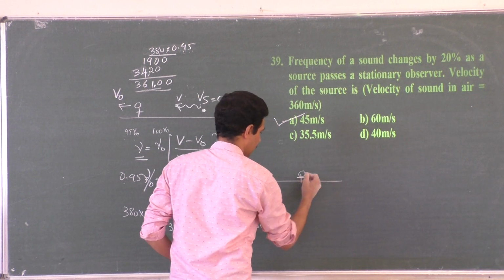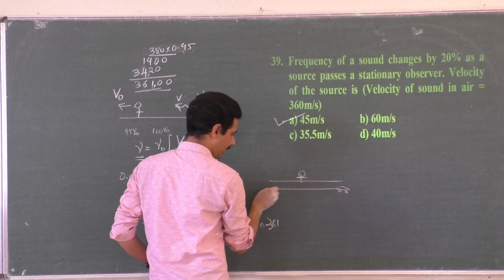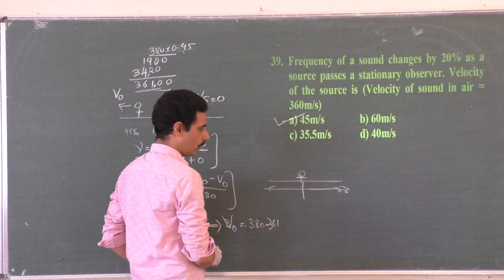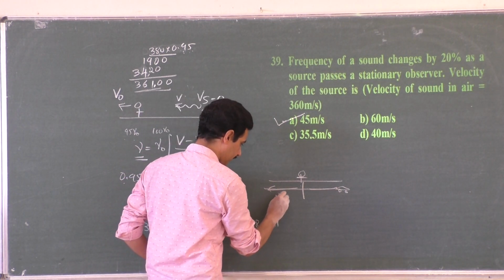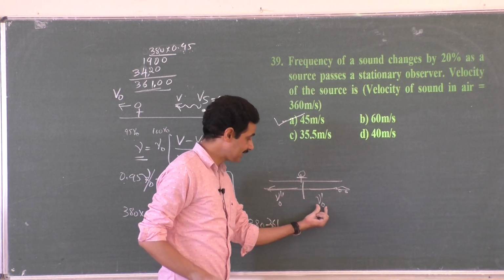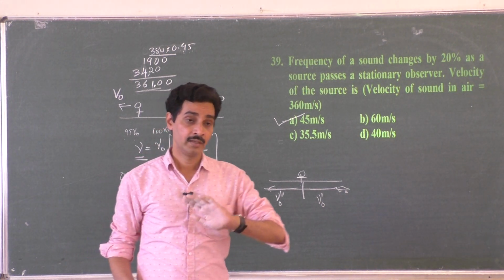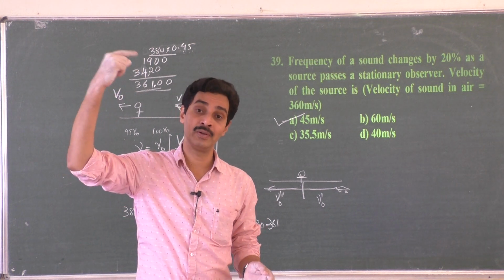Here is the observer, and here is a train coming. As it passes the stationary observer, here the apparent frequency is more, and here the apparent frequency is less, and this lesser apparent frequency is 20% less than this frequency. That is what they are saying. They are not saying the apparent frequency is 20% lesser than the original frequency.